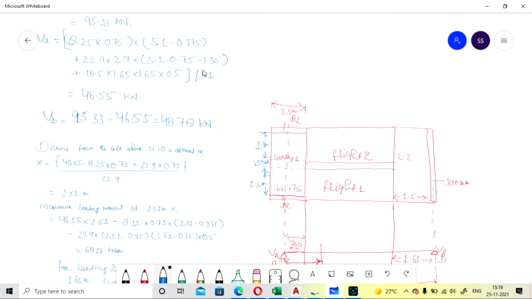How 0.375 and 1.35 are taken, I will explain here.